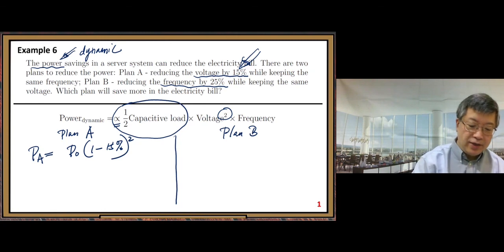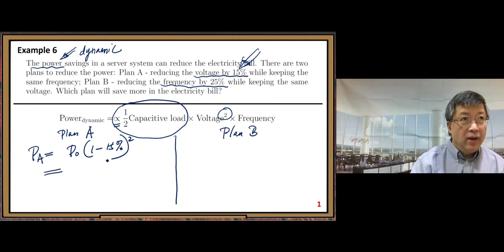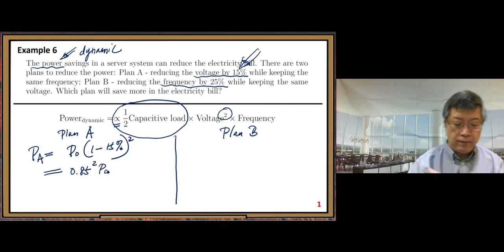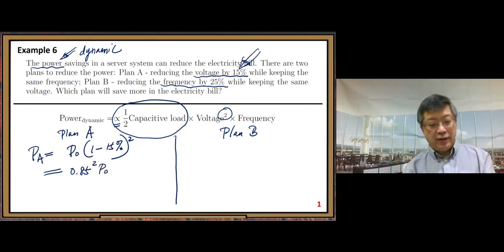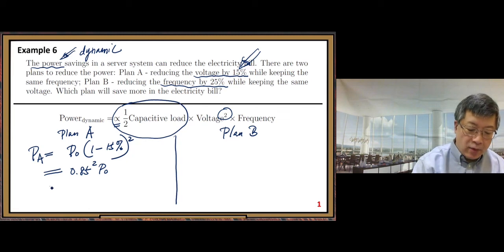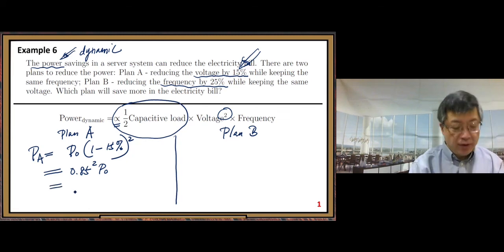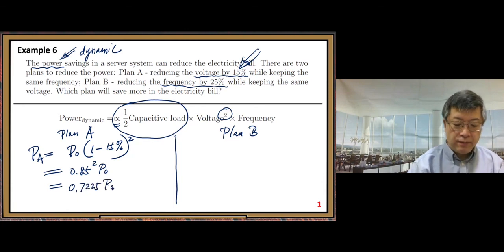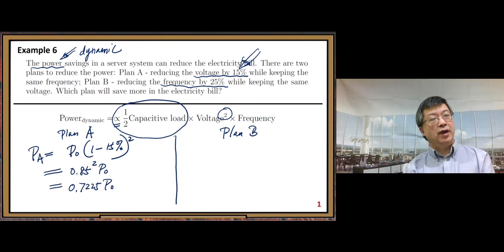All right. So let's do the calculation. 0.85 square, P0. All right, so then let's do the calculation, approximately 0.7225 P0.